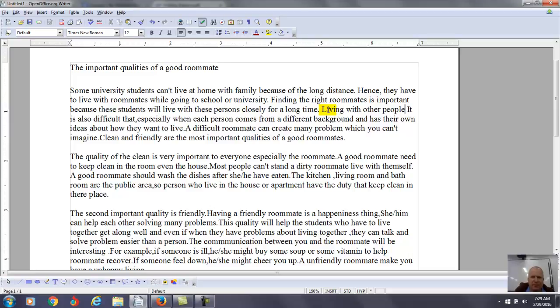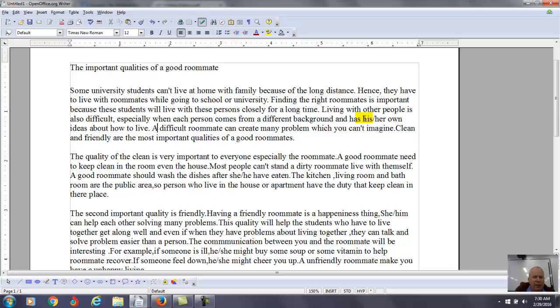Living with other people is also difficult, especially when each person comes from a different background and has, because you used singular, singular, singular, this has to be singular. It's called pronoun agreement. It has his or her own ideas about how, instead of saying how he or she wants to live, I'm just going to say how to live.